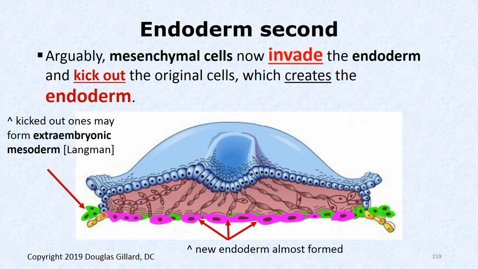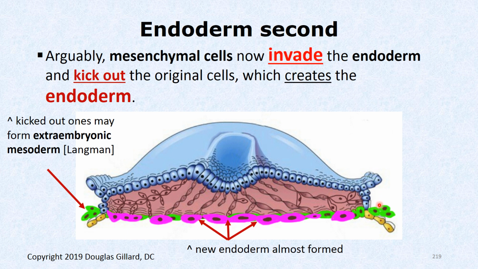The cells kicked out. Now this is a little confusing. Langman's the only one who really said this, but it makes sense. Remember back in week 2 we talked about the extraembryonic mesoderm that formed, and it's slow to form up toward the top of the amniotic cavity.